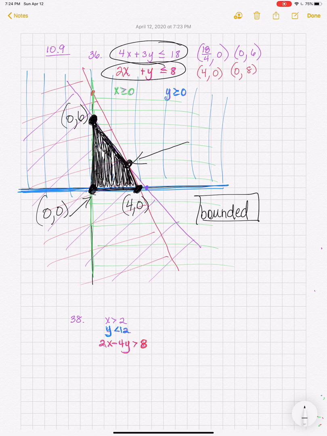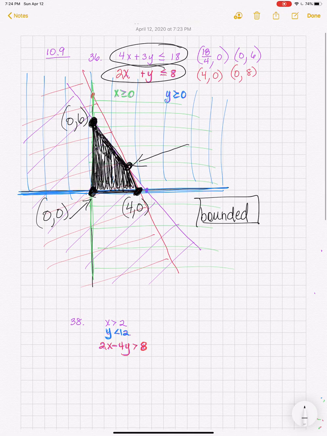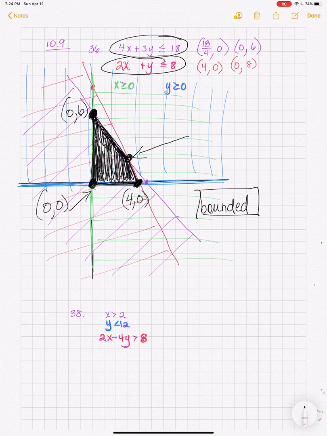Why isn't my pen working? I don't know. So I would write this out just like, let me see if I can get my finger to work. So 4x, well, never mind, my finger's not working.